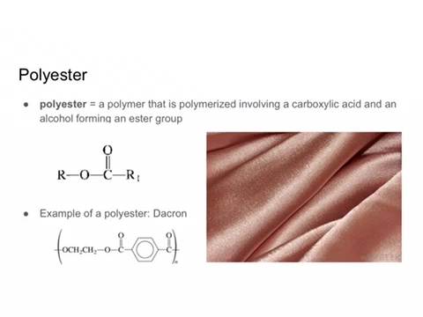So a polyester is a specific type of polymer that is characterized by its functional groups, and it involves a carboxylic acid and alcohol, and they form an ester group.